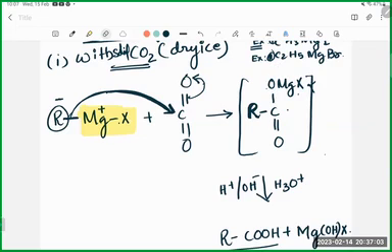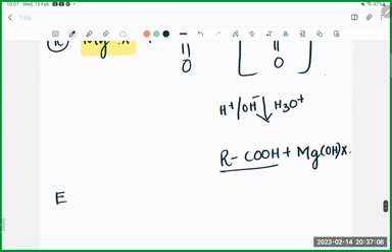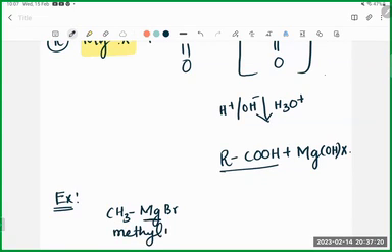Okay, Hridaya. Now the next example, which is very important, you will try and help me do this reaction. CH3-MgBr, I would call it methyl magnesium bromide.